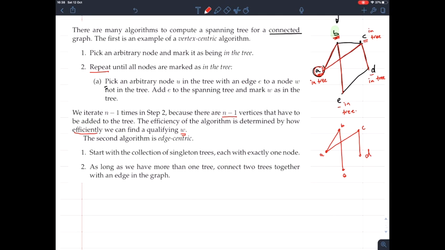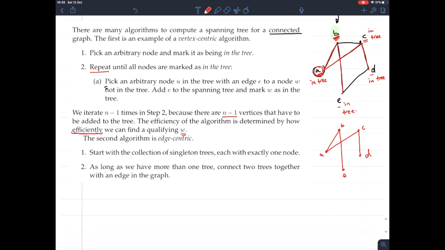Notice if we'd started at A and B for our last example, we would have had two cases of saying can't find a final vertex from A, can't find a final vertex from B, and you can imagine with a big graph that could take a long time. So we won't really talk about this, but one needs to think about how to efficiently compute a qualifying vertex to be added to the tree.